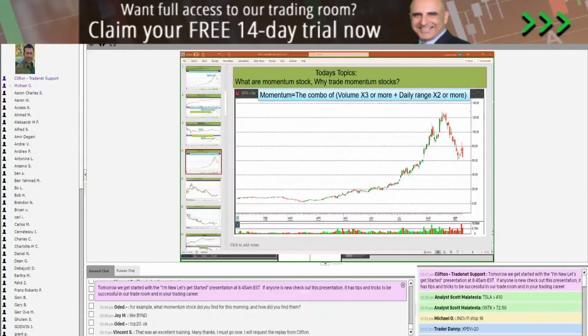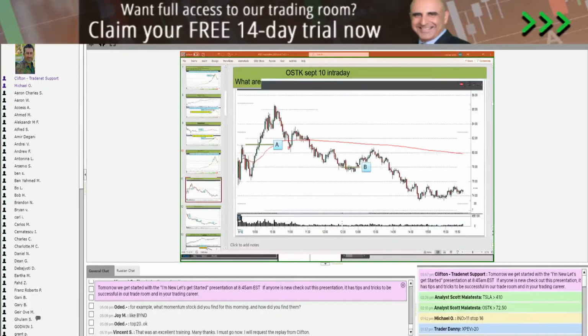The hammer is not very easy to trade, but it's a great signal because it closes at the lows of the day. And this engulfing, piercing line, big leg down in OSTK is the right day to trade. So again, September 10, it's up, it's down, the trend is changing from up to down intraday.